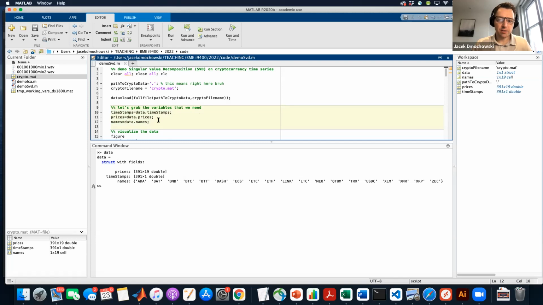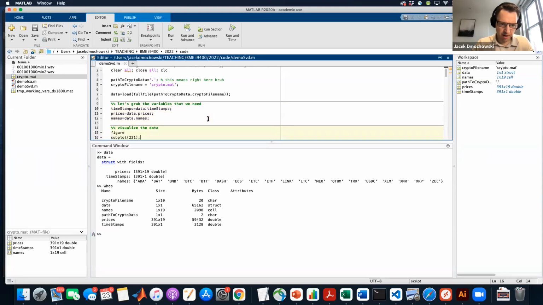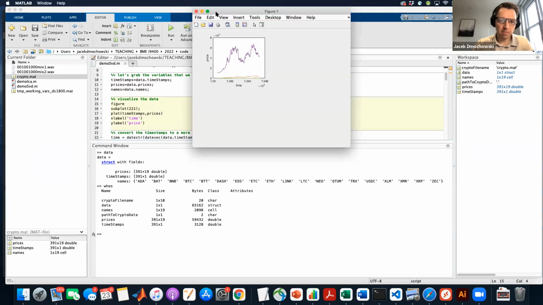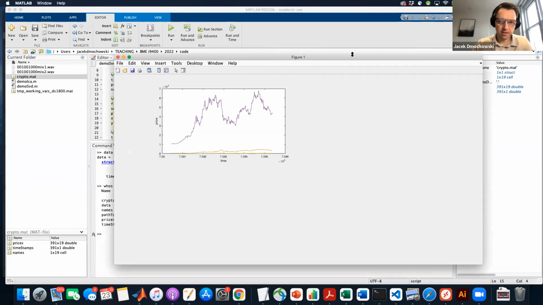When I execute this and type in whos, I see that I now have standalone variables for prices, timestamp, and names, no longer bound to my data struct. If you have those in memory, you should be able to execute the cell that starts on line 15, and we're going to pop up our first figure window.